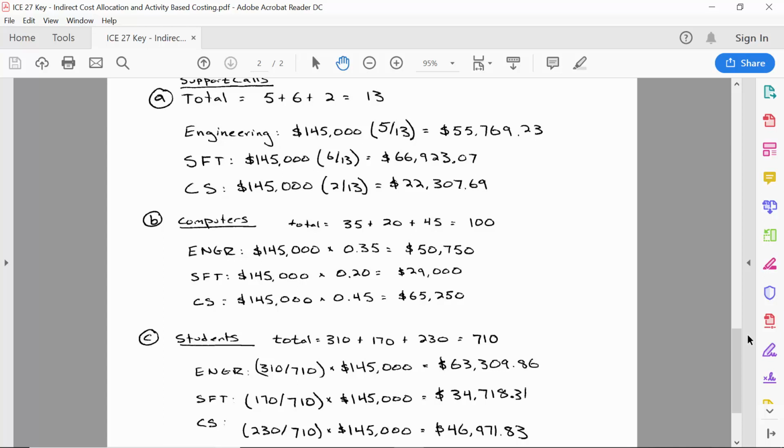Or does more of that money go towards the people who are doing the service calls, or what do we call it here, support calls? Maybe the majority of their budget. So what we'd need to do, if we were being really rational about this, is look at, of the $145,000, how much of it goes towards computers, how much goes towards faculty support calls, how much goes towards expenses incurred by the students, and maybe you'd have a blended model.